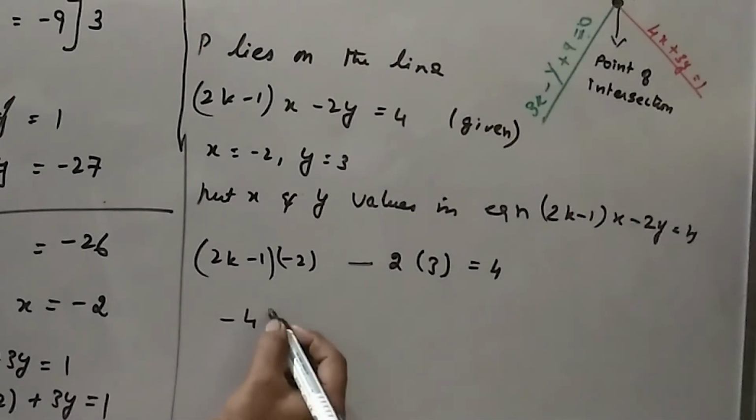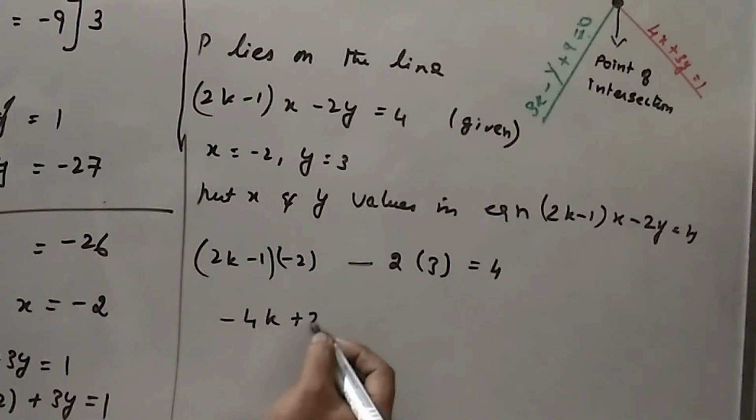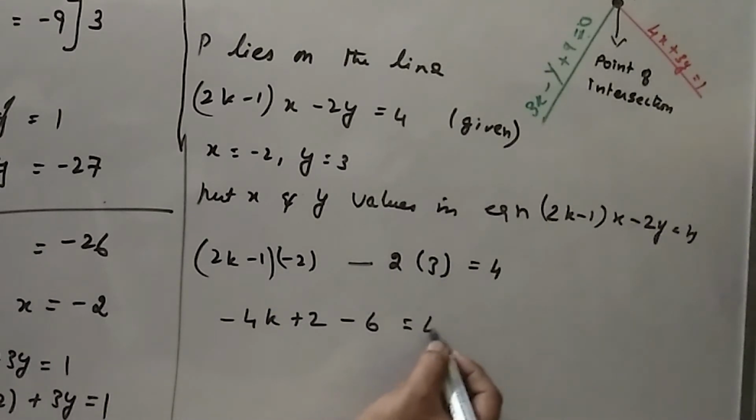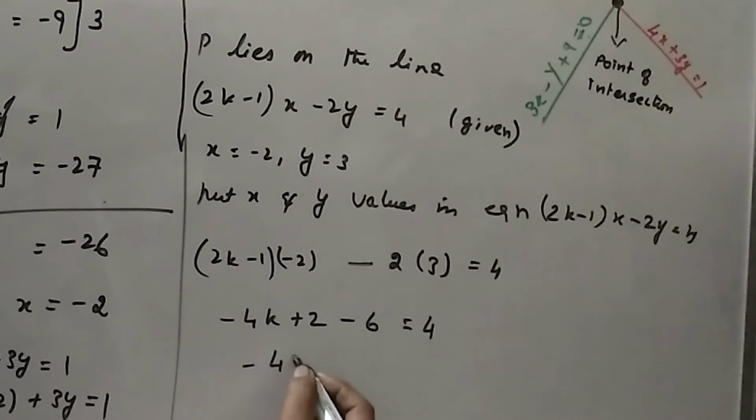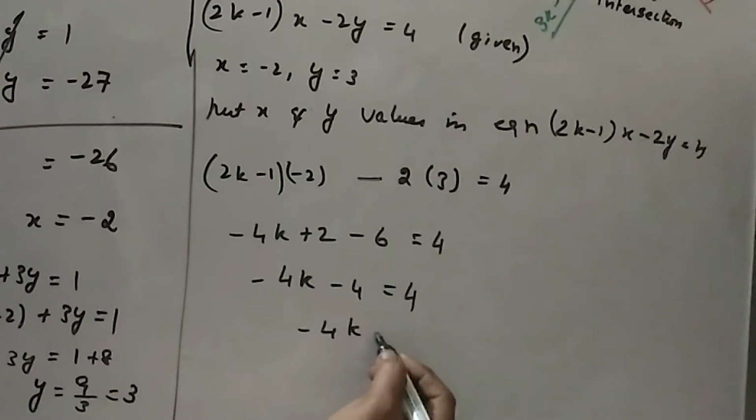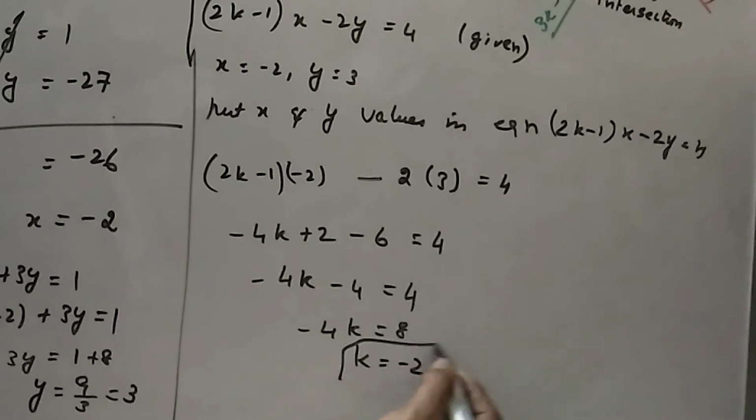Now minus 4k plus 2 minus 6 is equal to 4. Minus 4k minus 4 is equal to 4. Now take this one, minus 4k is equal to 8. K is equal to minus 2.